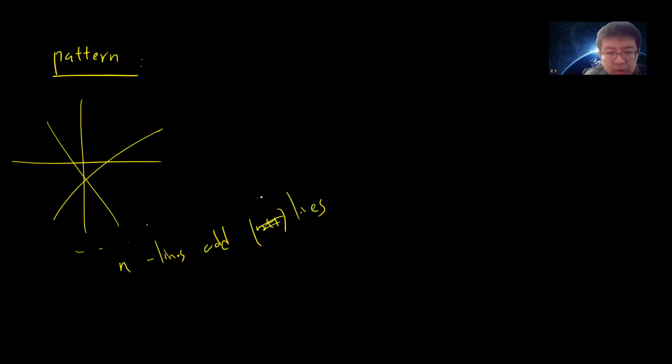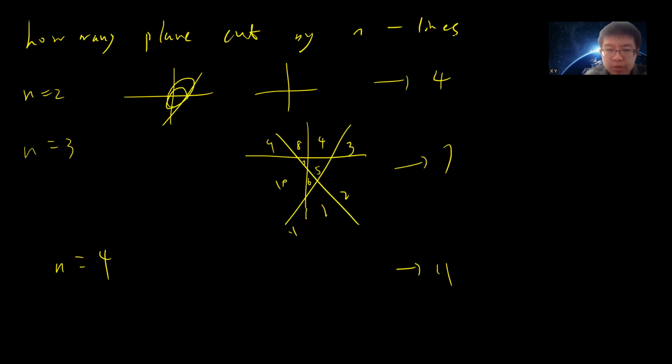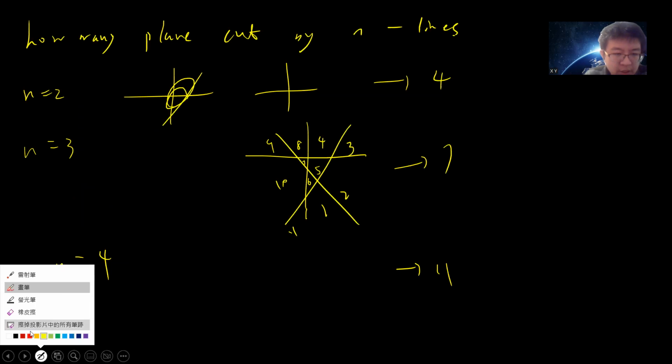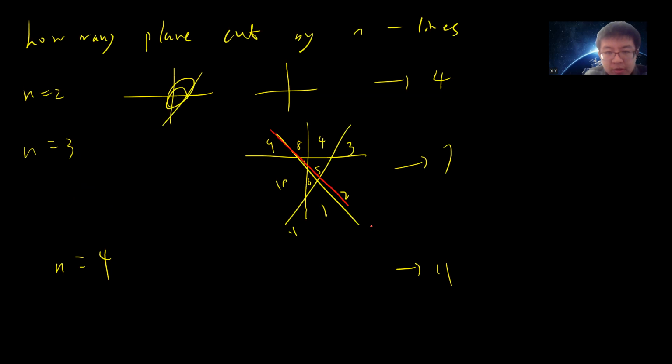The next line should intersect with every line. So for example, if I add this, then I will separate this space into 2, and this space into 2, and this space into 2. So I will just add 4 to 11.